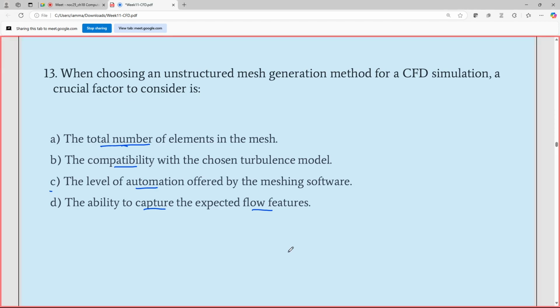The answer is option D, that is the ability to capture the expected flow features. We have discussed why we are choosing unstructured mesh over structured mesh, because it is able to capture complex geometries and conform to complex boundaries.